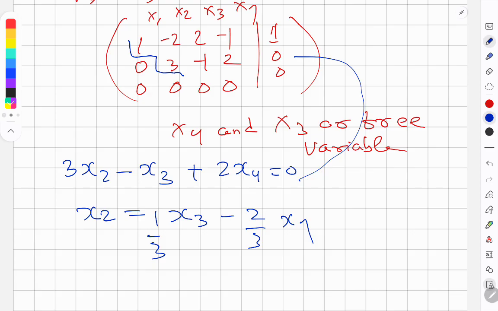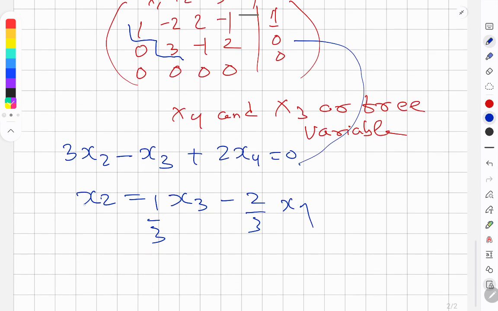Is it okay? Yes. I thought that I would be complicating all this, so I just took x3 as the subject and did all that. No, that's fine. I just kept x2 here and divided by 3, because it was multiplied by 3.